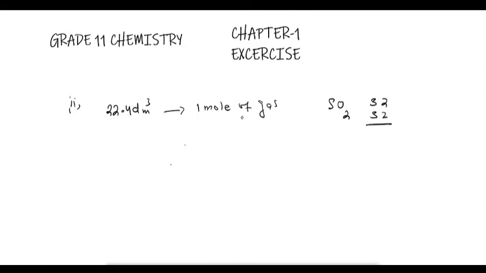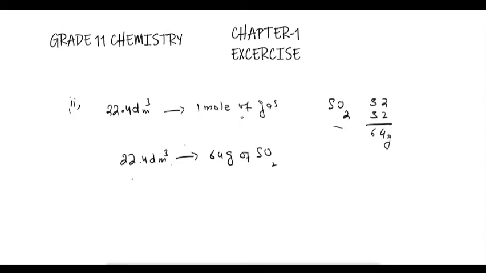That is also equal to 32. So this is equal to 64, which means that 1 mole of sulfur dioxide is equal to 64 grams of sulfur dioxide, which means that 22.4 dm cube volume will be occupied by 64 grams of sulfur dioxide.